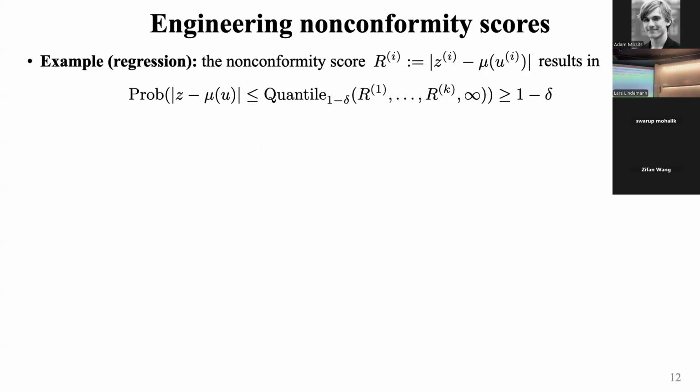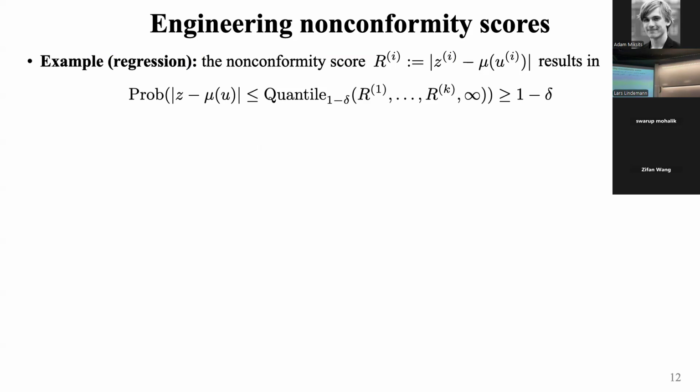Okay, so the question is, how do we design these nonconformity scores from a practitioner's point of view? And I want to give you a couple of simple examples. The simplest one is for a one-dimensional regression example, where we could choose the nonconformity score to be simply the error between the ground truth that we have in our calibration data set and the predicted output, and then we just take the absolute value of it.